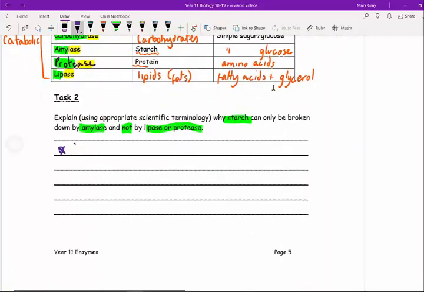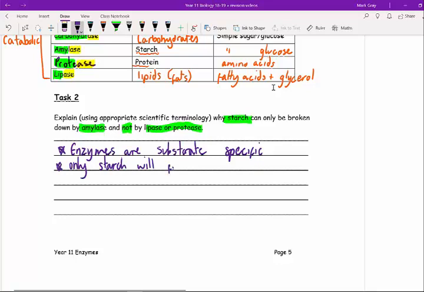You need to say that enzymes are substrate specific, which means that only starch will fit in the active site of amylase.